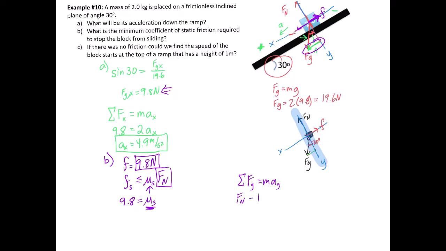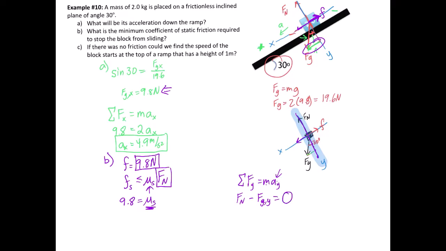So the normal force minus the vertical component of gravity should equal the mass times the acceleration. But vertically, along this vertical axis, it's not accelerating. The only acceleration is down the ramp, which is our horizontal. So I can say that my vertical acceleration is 0.